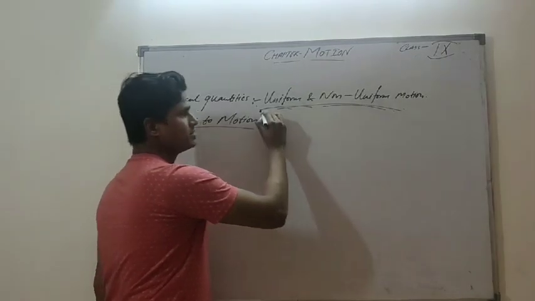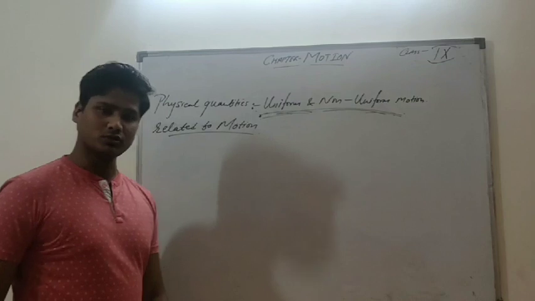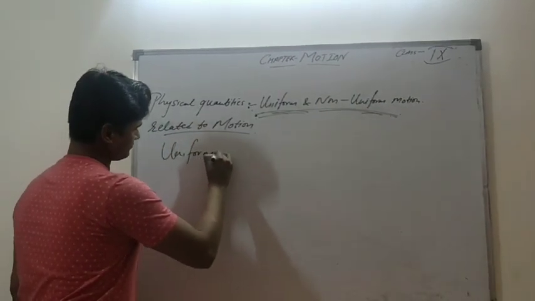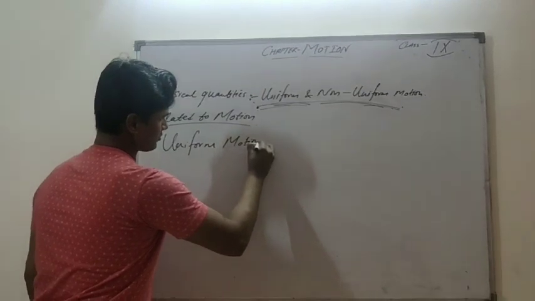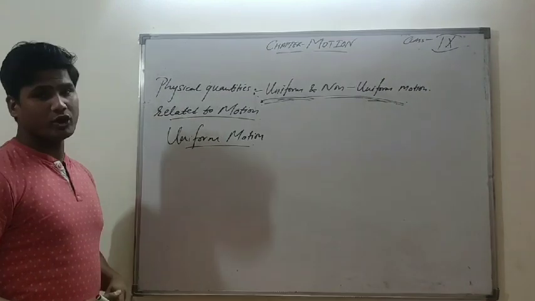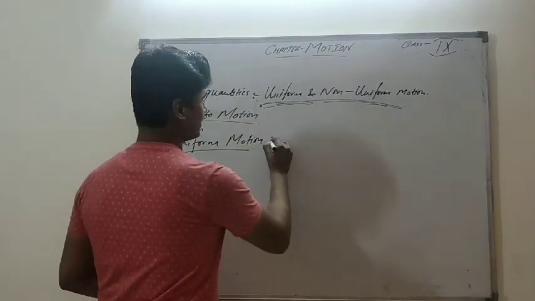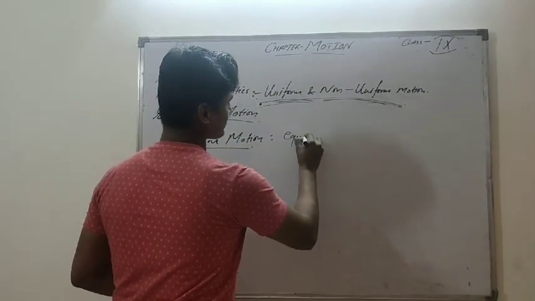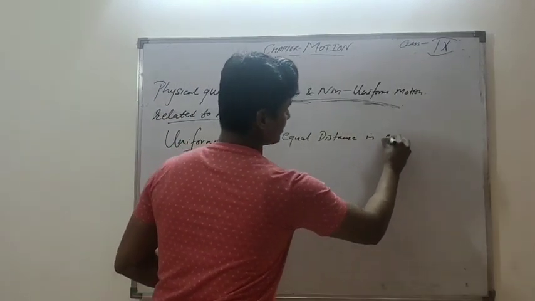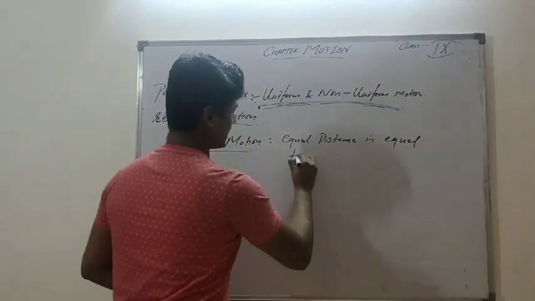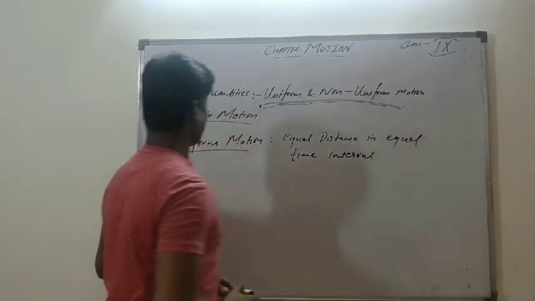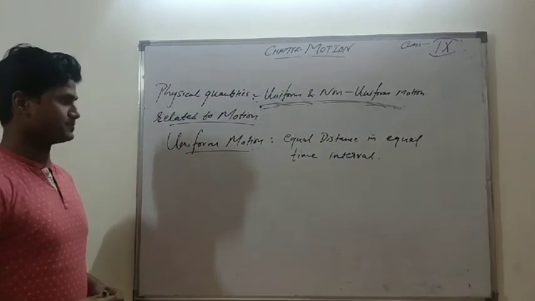How do we understand uniform and non-uniform motion? First of all, uniform motion. Students, from the word we can understand when any object covers equal distance in equal time interval, the motion is said to be uniform motion.